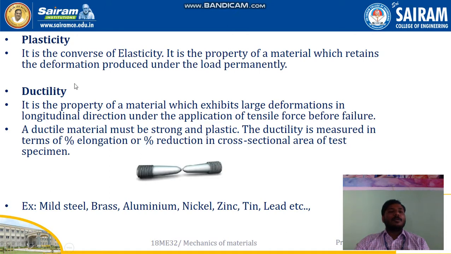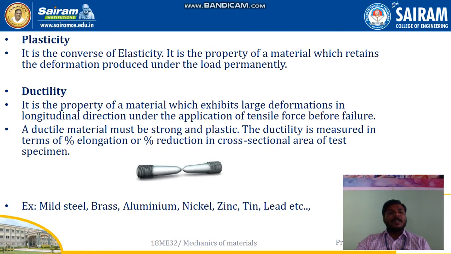Next is plasticity. Plasticity is a property of a material which retains the deformation under load permanently. The difference from elasticity is that after removing the load, an elastic material regains its shape and size.